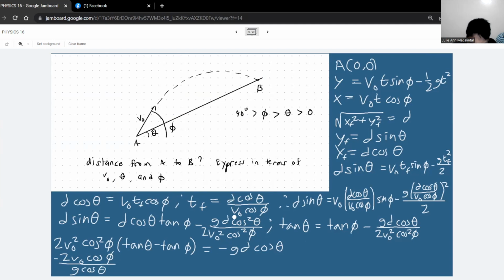Wait, what are you doing now? D sine theta is equal to v naught D cosine phi, v naught cosine theta cosine phi. So, tangent phi, D squared cosine squared theta over 2 v naught squared cosine squared phi.